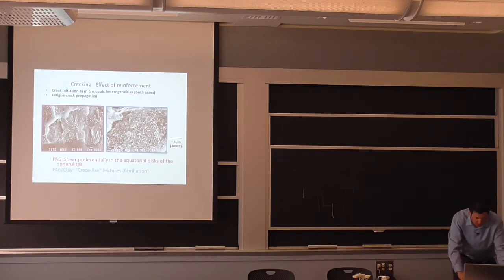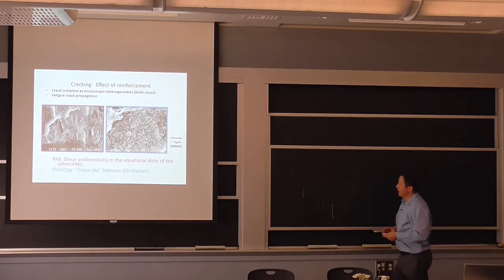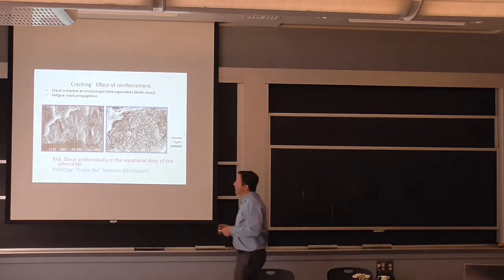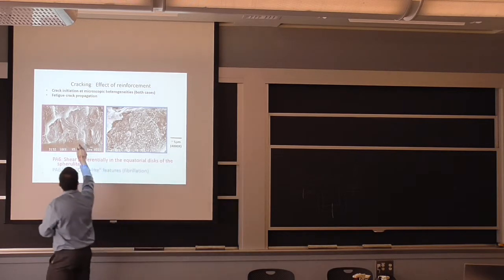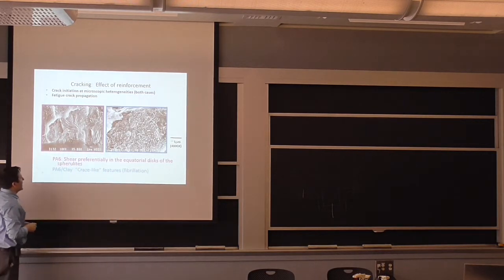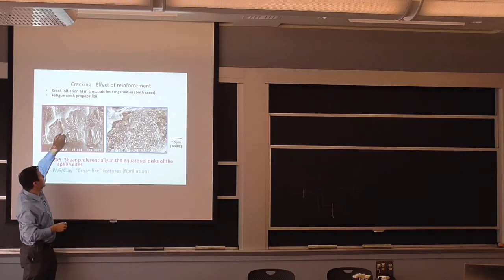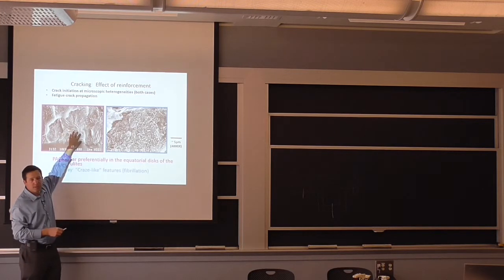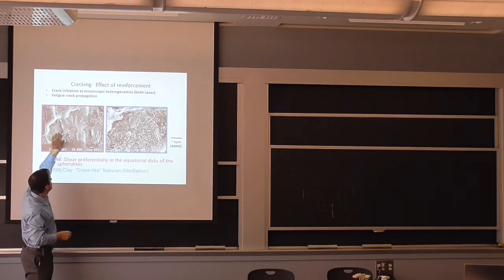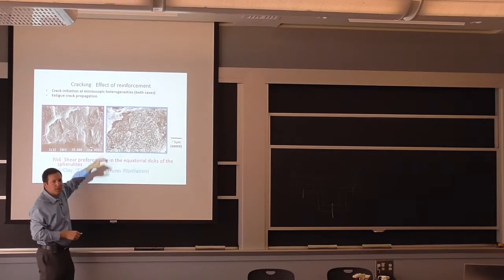I showed you some images of cracking in metals, if you remember, that was last Monday. So here we have it in relationship with the structure in polymers. This is nylon here, polyamide, and what you see is essentially the center of the spherulite, and this size is approximately the size of the spherulite. So you have one here, one there, one there.